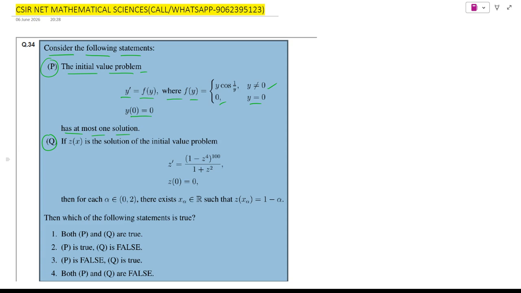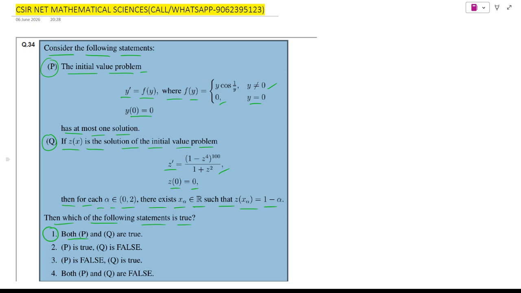And Q says if z(x) is the solution of the initial value problem z' = (1 - z^4)^100 / (1 + z^2), and z(0) is equal to 0, and then for each alpha belongs to (0, 2), there exists x_alpha belongs to R such that z(x_alpha) is 1 - alpha, then which of the following statements is true?